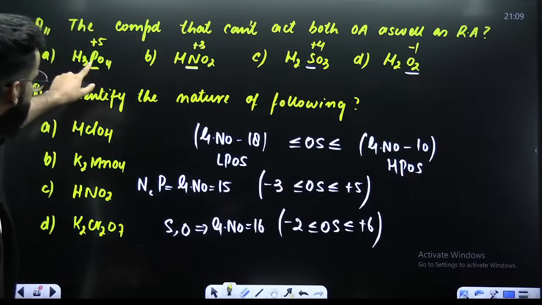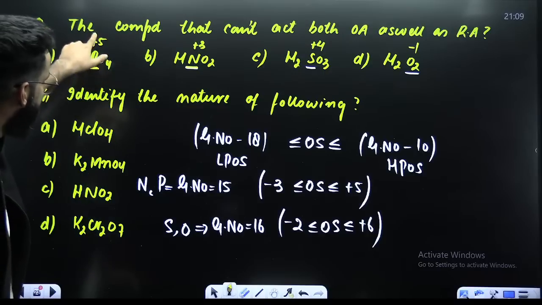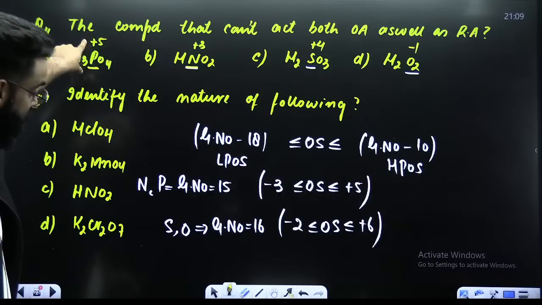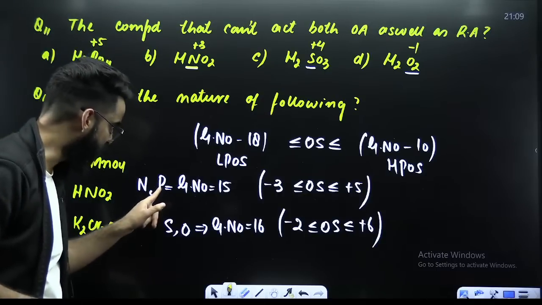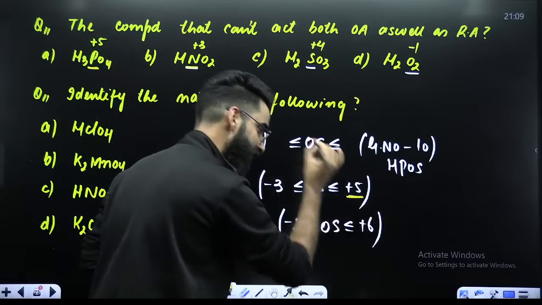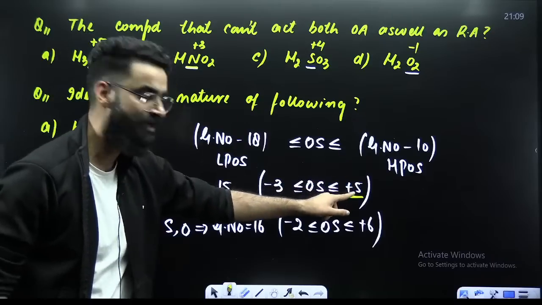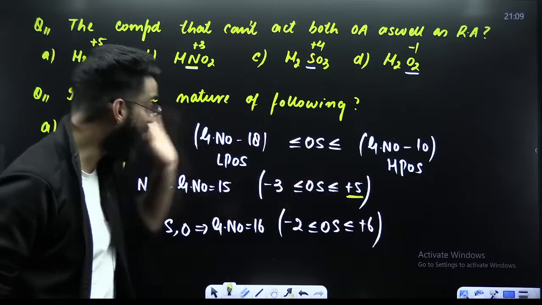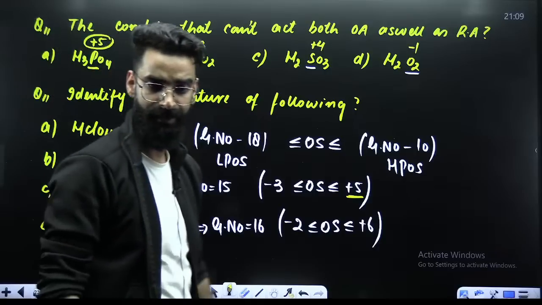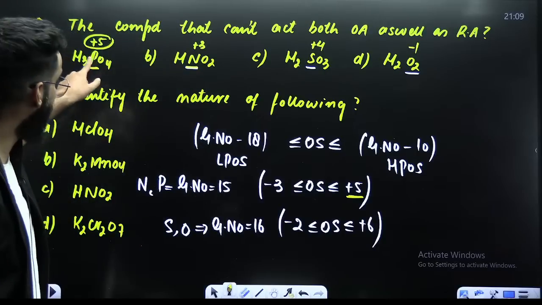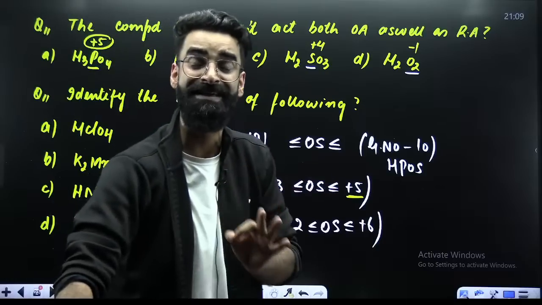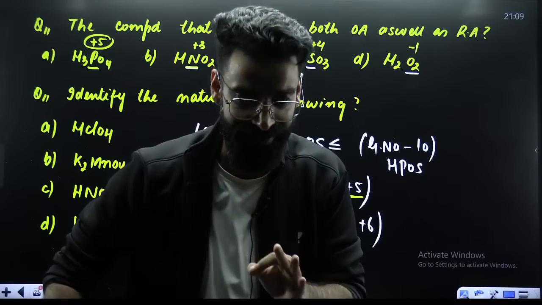My dear students, look at this phosphorus. Phosphorus over here is in the +5 oxidation state. What is the maximum oxidation state that phosphorus can show? Phosphorus can show a maximum of +5, and it is already present in its maximum oxidation state.